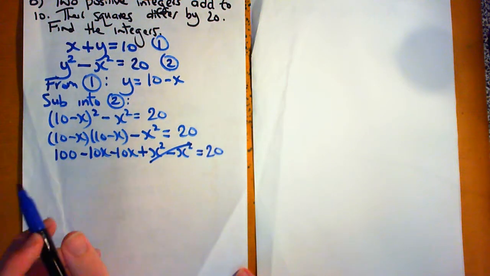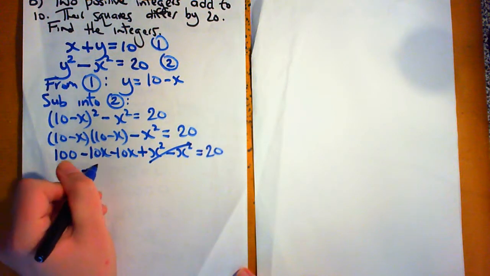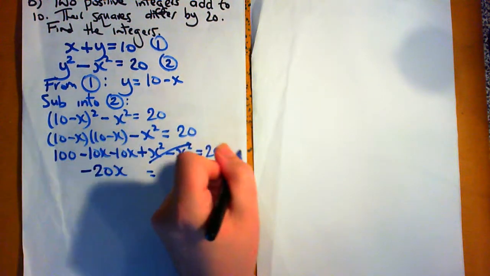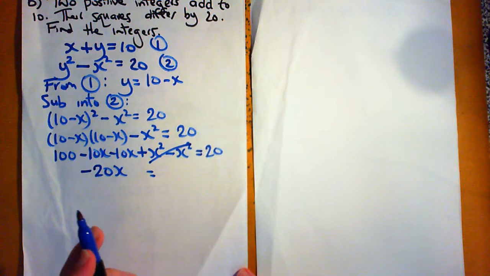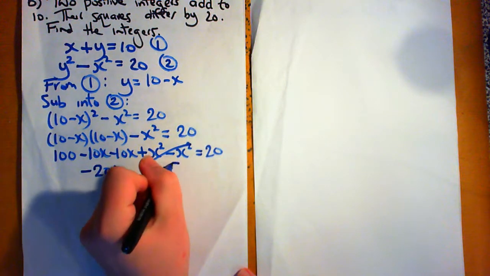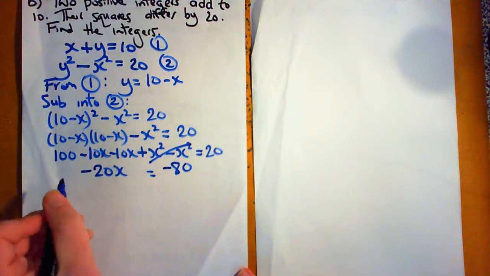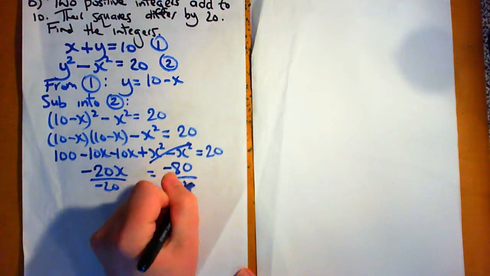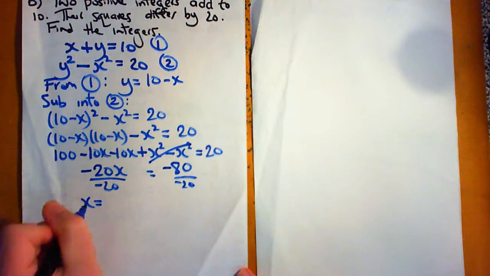So minus 10x is minus 20x equals, we're moving the 100 to the other side, which is 20 minus 100 is minus 80. Divide that by negative 20, so we get x equals 4.